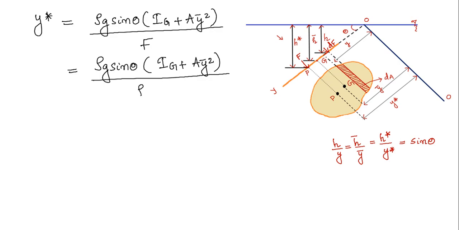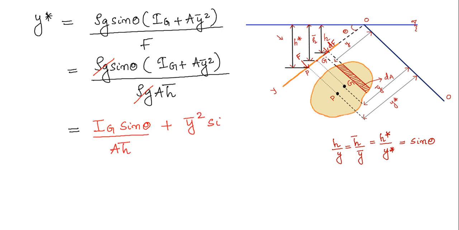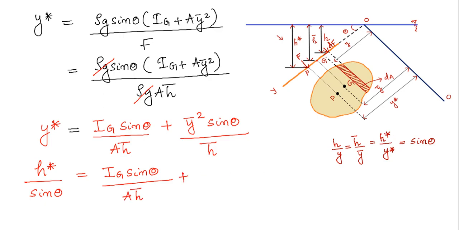Here we know that F is rho g A h bar, and rho g we can cancel. We get y star is equal to Ig sin theta by A h bar plus y bar square sin theta by h bar. We know that y star is equal to h star by sin theta, and y bar is equal to h bar by sin theta.